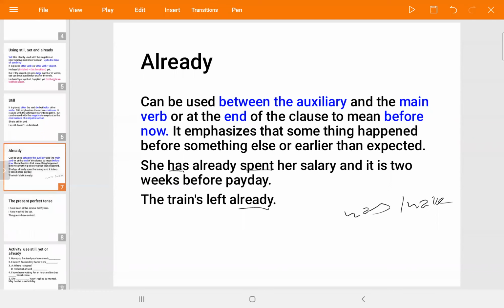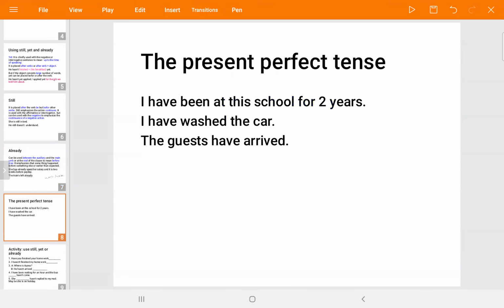Let's proceed. Present perfect tense. Okay, we have these issues. Revise the present perfect tense.